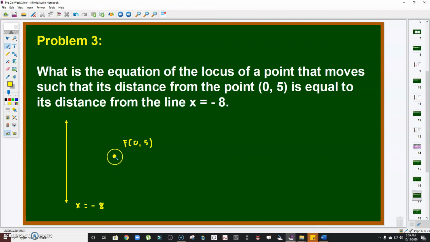Since this is the focus and this is the directrix, meaning to say the vertex lies between. Nasa gitna yung vertex. So kunyari yan yung vertex natin. Let me label it V. So, I have a parabola. The opening of the parabola is towards its right. The parabola opens to the right.